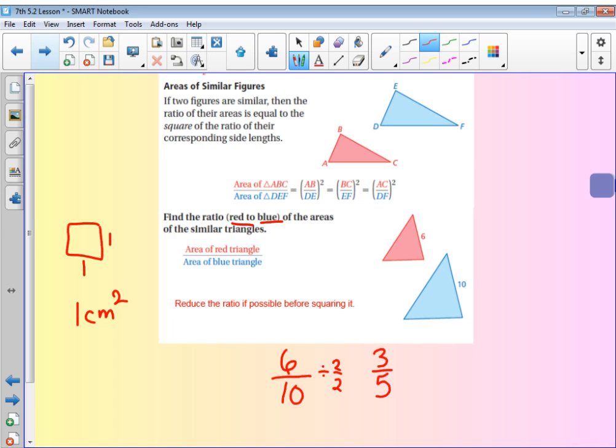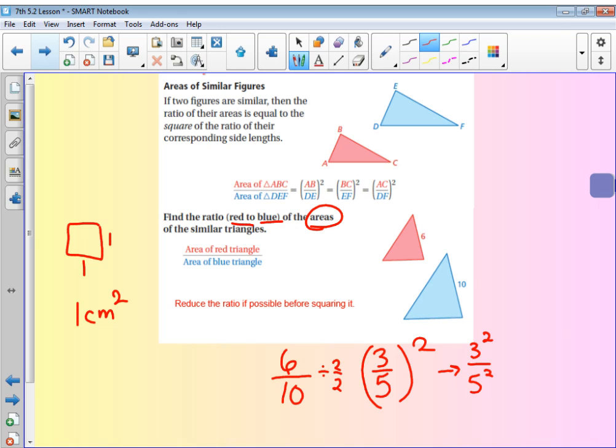Now that's if it was perimeter. Well, now they're asking for the area. So we're going to go ahead and square this. Okay, 3/5 squared, that sounds really confusing, right? Well, here's another way of looking at it. We're going to do 3 squared over 5 squared. If you're more comfortable seeing it that way, then go ahead and work off of that.